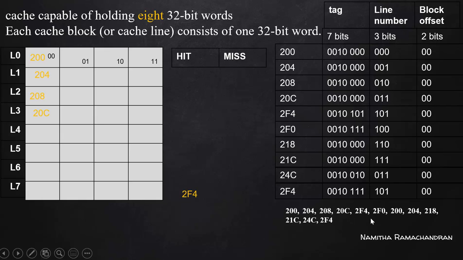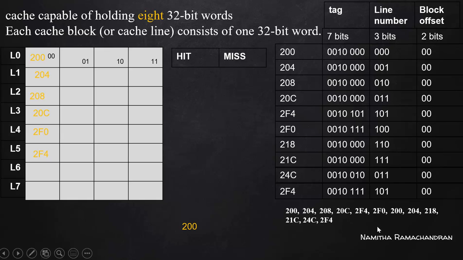Okay, next, address 2F4. For this one we need to transfer the word containing this byte into which line? Line 101. 101 means line 5. Okay, next 2F0. 2F0 we need to transfer into line number 4.